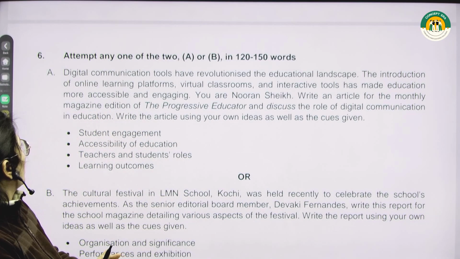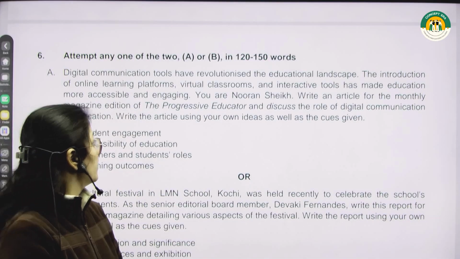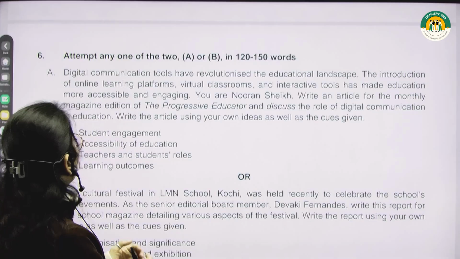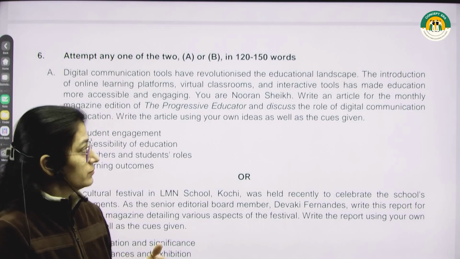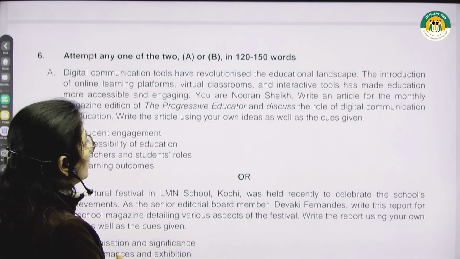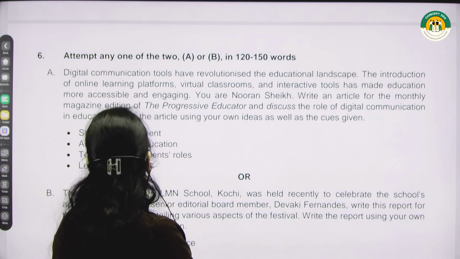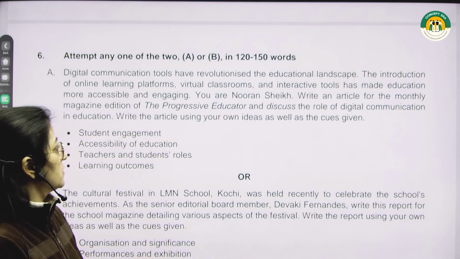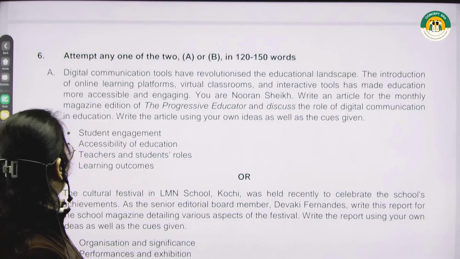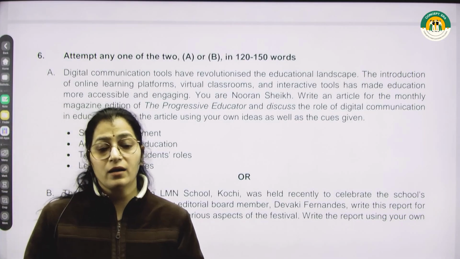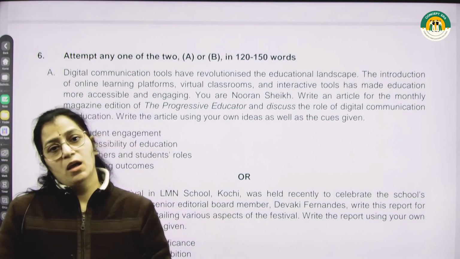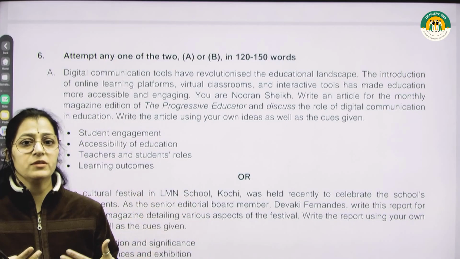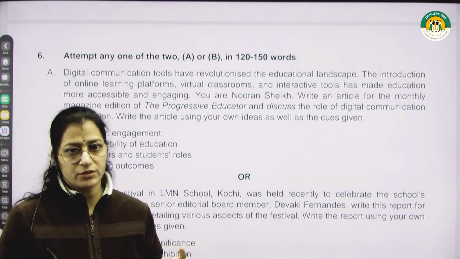The introduction of online learning platforms, virtual classrooms and interactive tools has made education more accessible and engaging. Of course, you are Noor Sheikh. Write an article for the monthly magazine edition of the Progressive Educator and discuss the role of digital communication in education. We know how digital communication, the internet and online learning platforms are helping all the students.